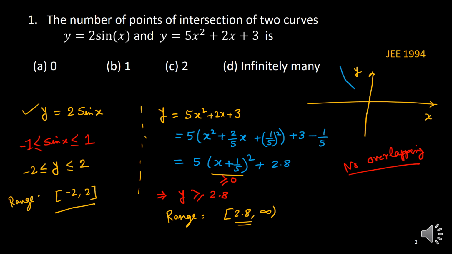It's a parabola, and its minimum value will be 2.8. Whereas this sine wave, 2 sin x, is bounded within the +2 line and the -2 line. So the sine wave curve will be within that.